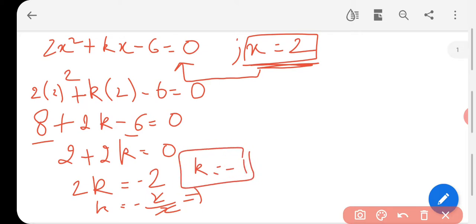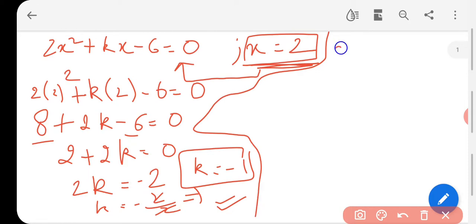In CBSE, this type of question will come for 3 marks, 1.5 for this particular step, and in the second step we need to find out the other value of x. So for finding the other value of x, first we put k is equal to minus 1 in the given equation. So the equation will become 2x square, and instead of writing k we'll write minus 1, so plus minus 1 into x, minus x, and here minus 6 is equal to 0.